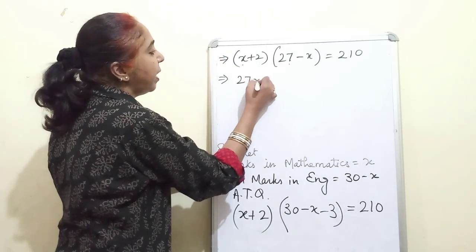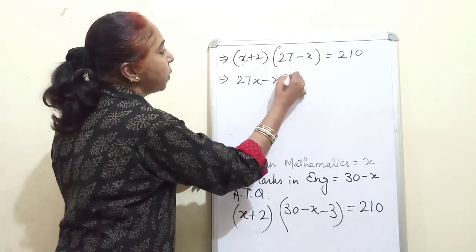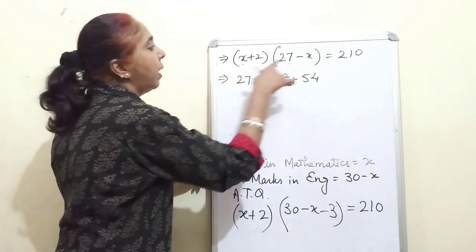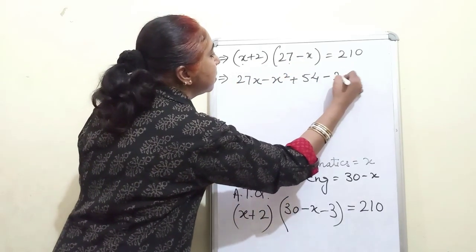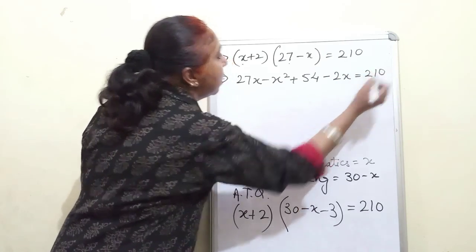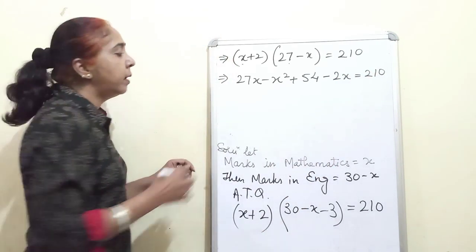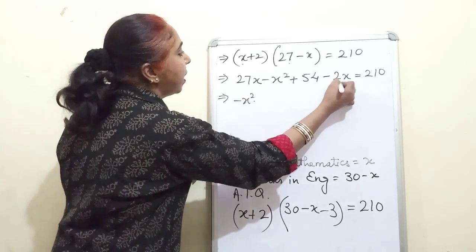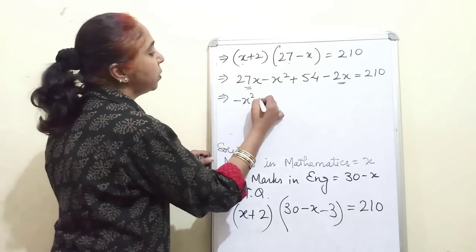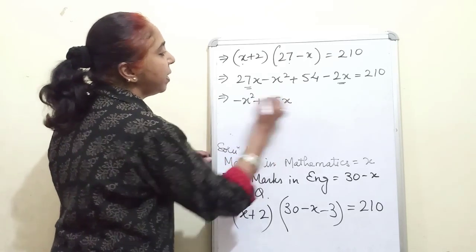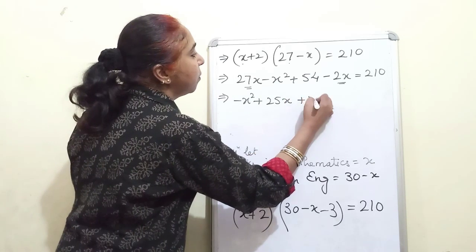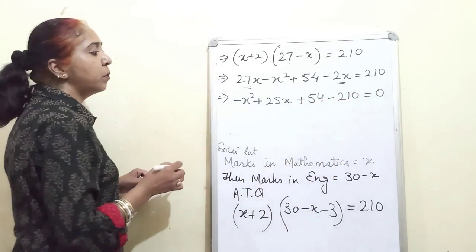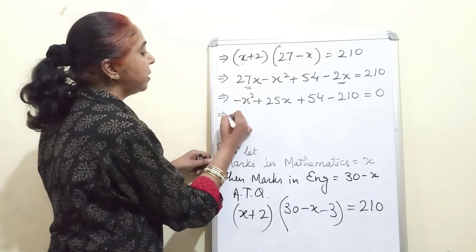This will be 27x minus x square plus 54 minus 2x equal to 210. Now it will be minus x square plus 27x minus 2x, this will be plus 25x, and plus 54 minus 210 equal to 0.